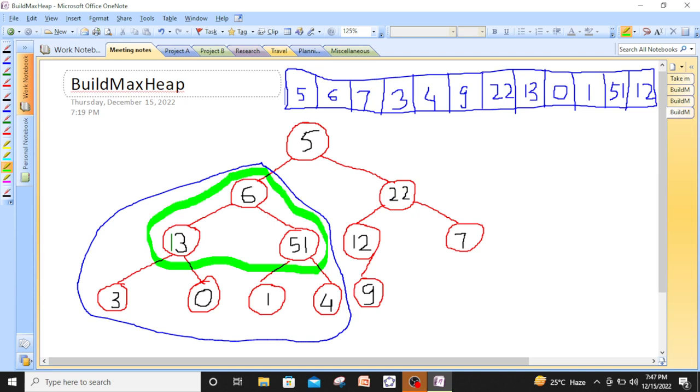If you see, then the nodal value is 6, which is smaller than 51. So 51 and 6 will be interchanged. So I do the same.